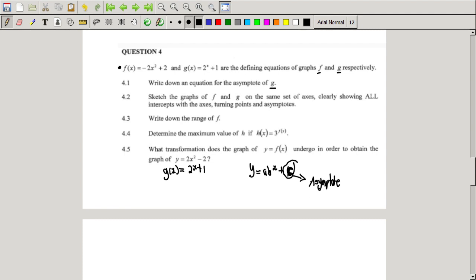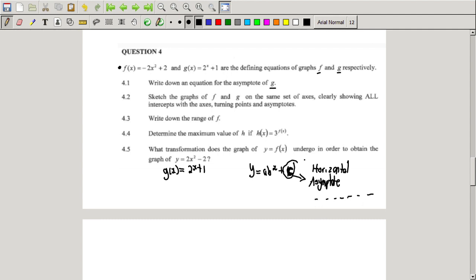Which asymptote? The horizontal one. The horizontal asymptote, to be specific. The asymptote for an exponential function is in this form.